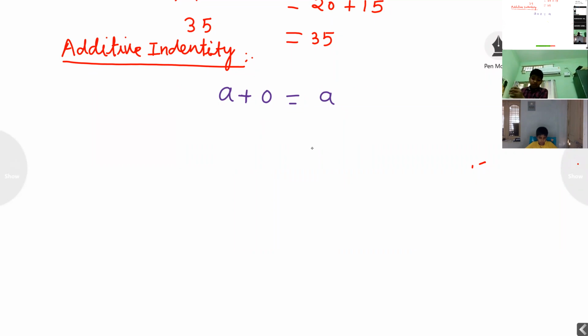The sum of any number and 0 is the original number.